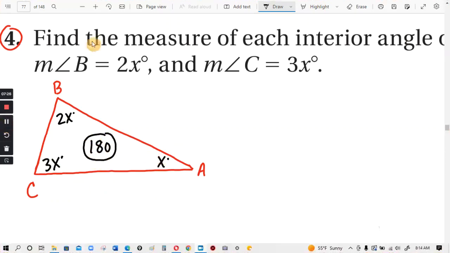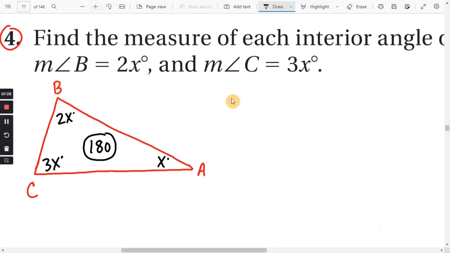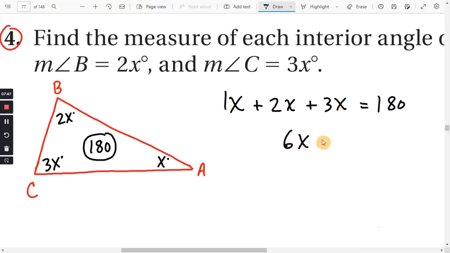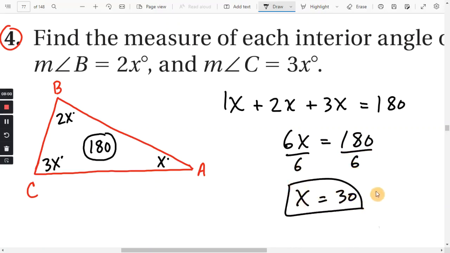All right, so really we didn't even need to draw it. We know the three angles inside of a triangle add to 180. So we have x plus 2x plus 3x equals 180. Okay, obviously this is 1x, and 1 plus 2 is 3, plus 3 is 6. So 6x equals 180. Dividing both sides by 6, x is 30. All right, you want to take that and plug it in.